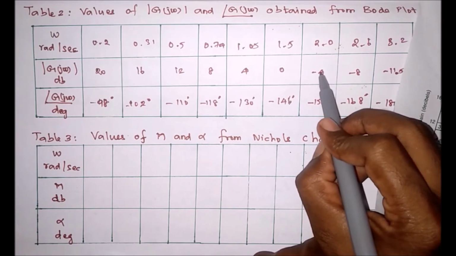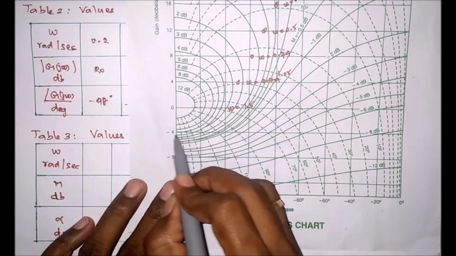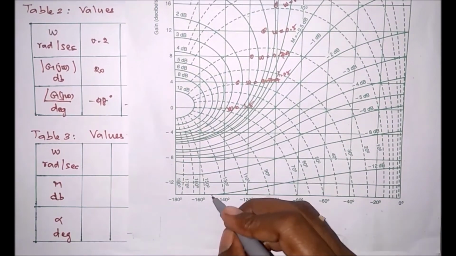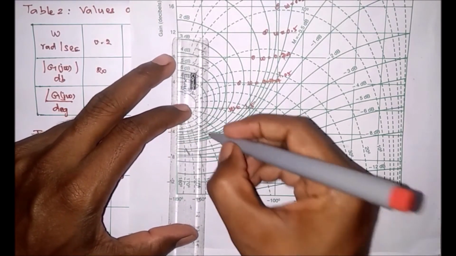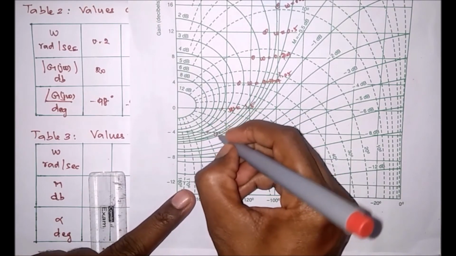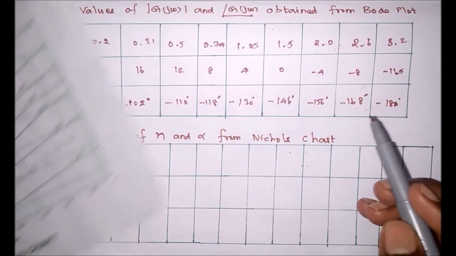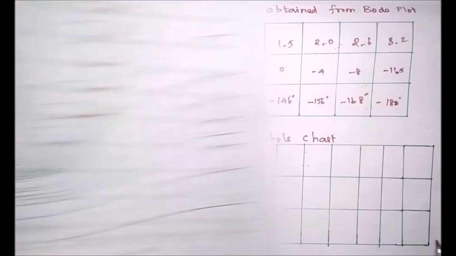So here this is the minus 4, and minus 156 is, this is 150, this is 160, so 156 will come here. This is the point, omega equal to 2.